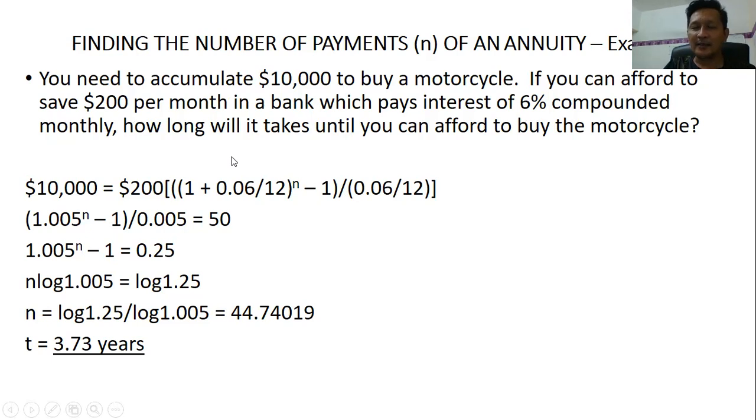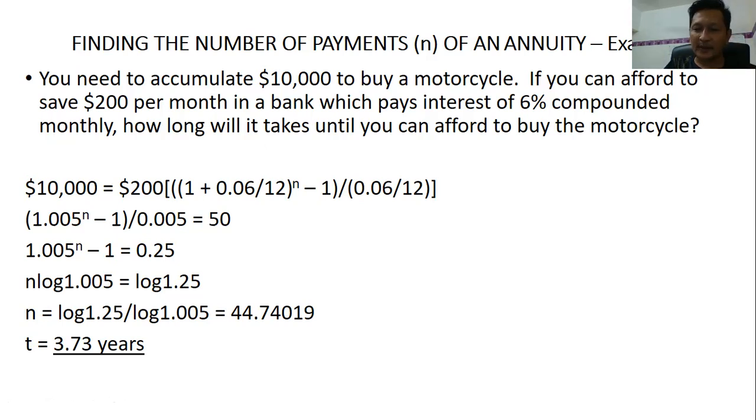And thirdly, is it a single amount or an annuity? Where is the clue? The clue here is in this per month. If you can afford to save $200 per month, this is the cue for you to know that this is an annuity. So it is a future value annuity, and you need to solve for n.